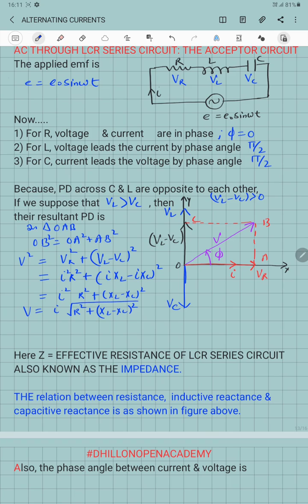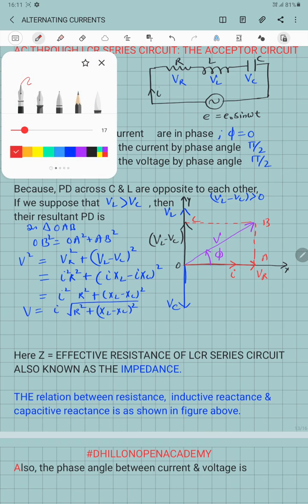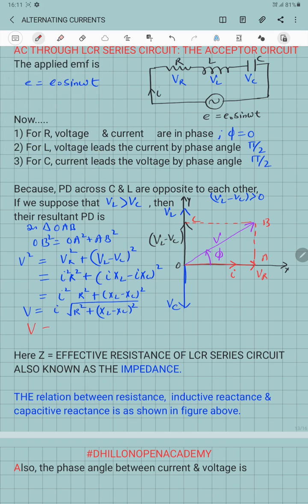We can write this equation as V is equal to I into Z, where Z is equal to the square root of R square plus XL minus XC whole square. We can also express it in terms of L and C as the square root of R square plus L omega minus 1 over omega C whole square.